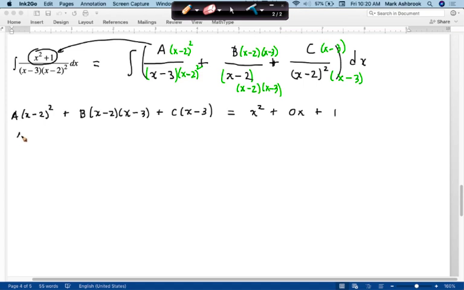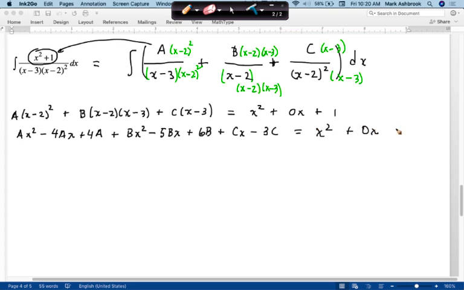Here we go. Fast. Ax squared minus 4ax plus 4a plus bx squared minus 5bx plus 6b plus cx minus 3c equals x squared plus 0x plus 1.